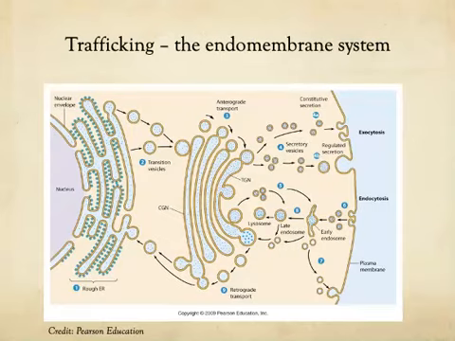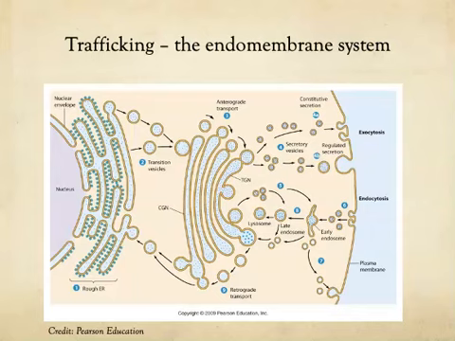First, let's take a moment and review for ourselves how materials get moved around within a living cell, particularly things that travel through the endomembrane system. If you recall from earlier lectures, the endomembrane system is a system of interconnected membrane that stretches from the nuclear envelope all the way to the plasma membrane.